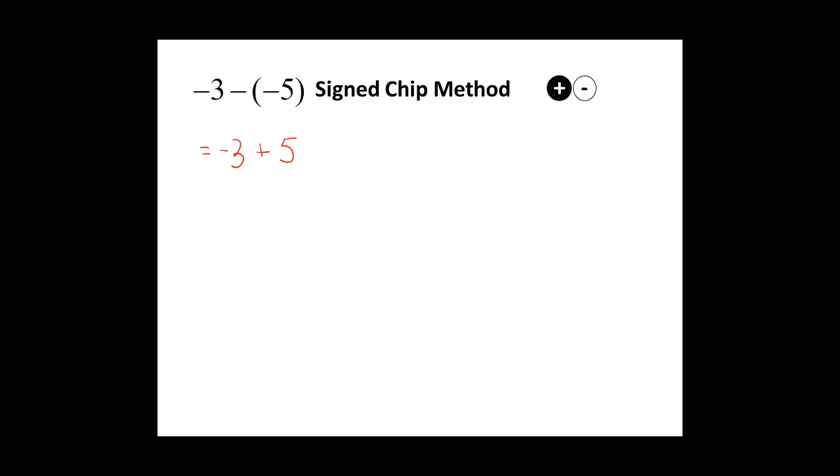Now we will use the sign chip method to compute this problem. We can illustrate the negative 3 with 3 negative chips. We can illustrate adding 5 with 5 positive chips.